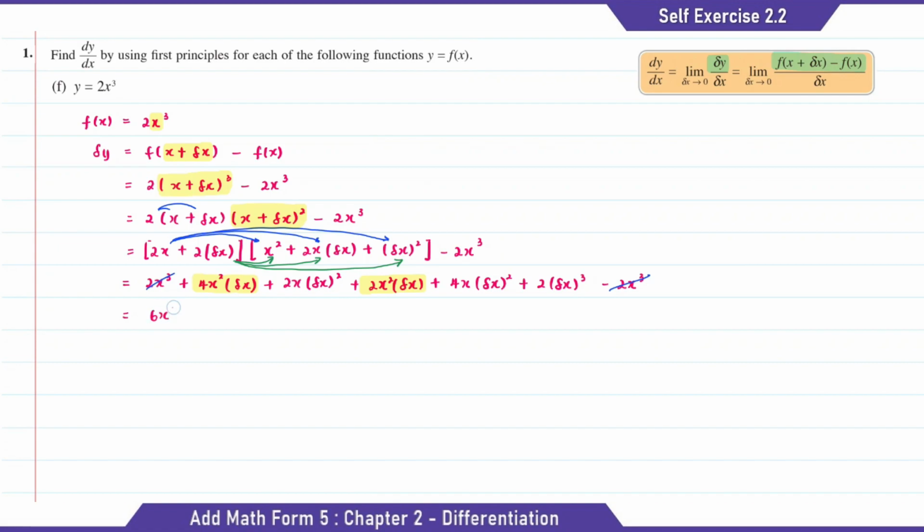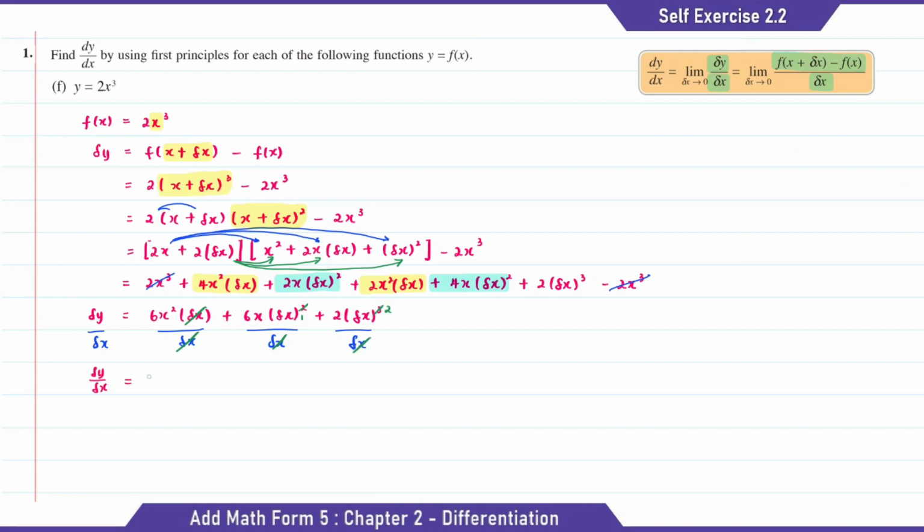Next, we're going to sum the like terms. Here we're going to get 6x squared delta x. Another like term will be these two. Here we're going to get 6x delta x squared plus 2 delta x cubed. After this, we're going to divide both sides by delta x. So here delta x will be cancelled, so it's just left with 1, and this one will be left with 2.